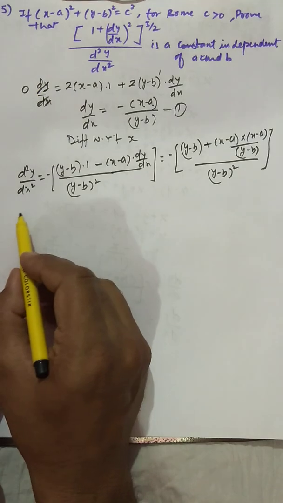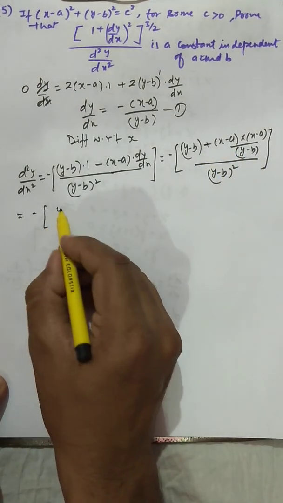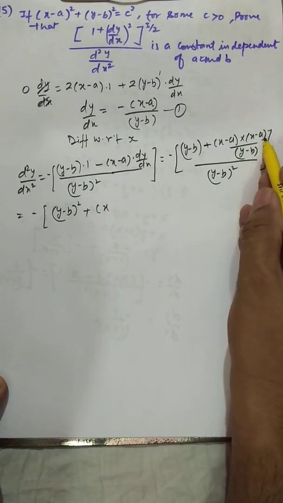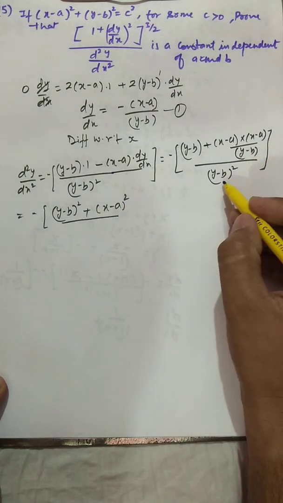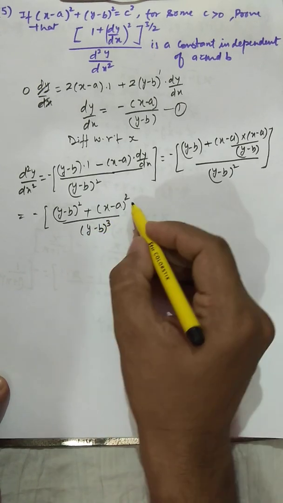Now you take the LCM, so after taking the LCM it will become y minus b whole square, and this will become x minus a into x minus a whole square, and this is y minus b and this is y minus b whole square, so ultimately it becomes y minus b whole cube.